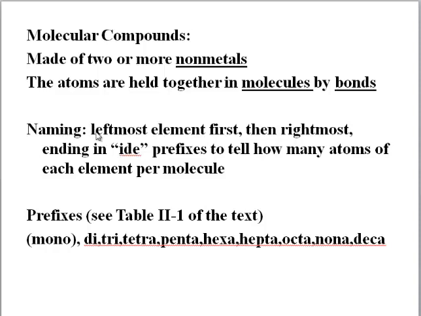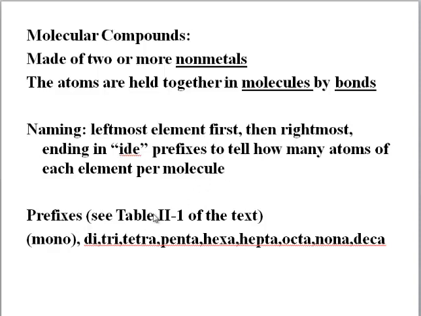When you name a compound made of two nonmetals, take the leftmost element on the periodic table first, then take the rightmost element on the periodic table and end it in -ide. Prefixes are used to tell how many atoms of each element there are per molecule.